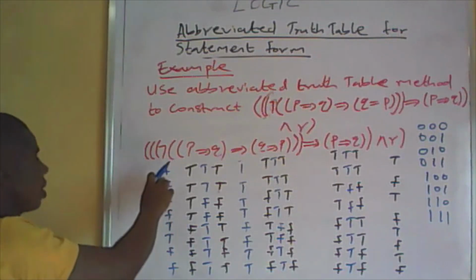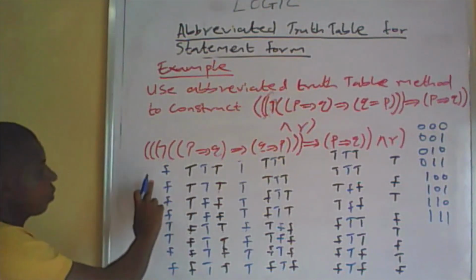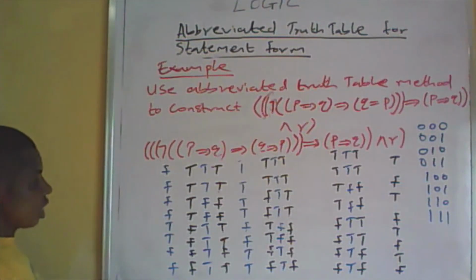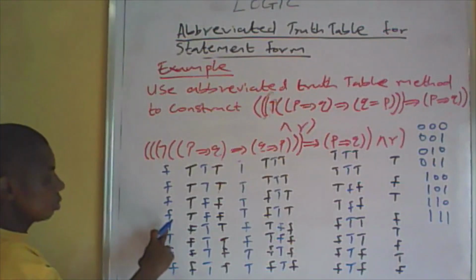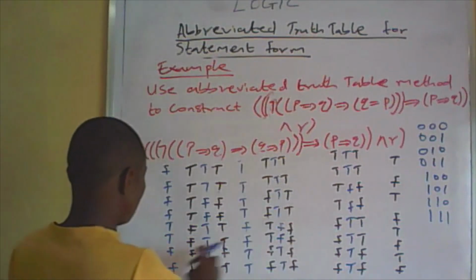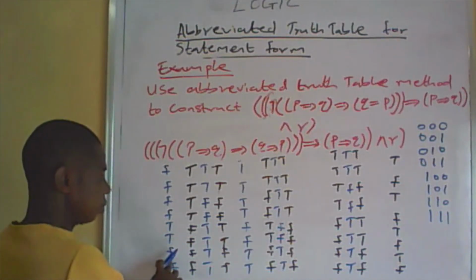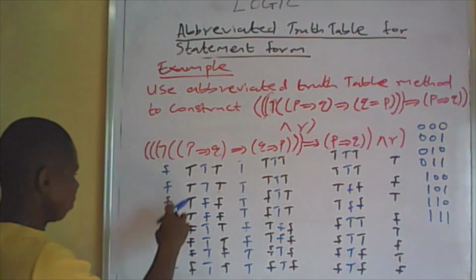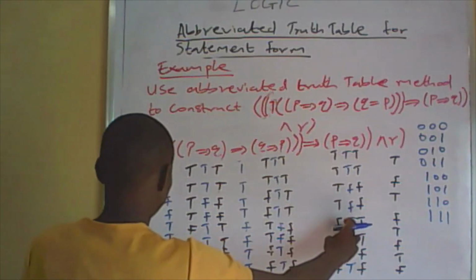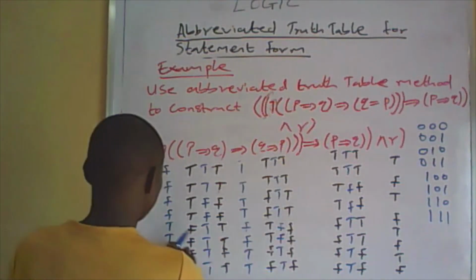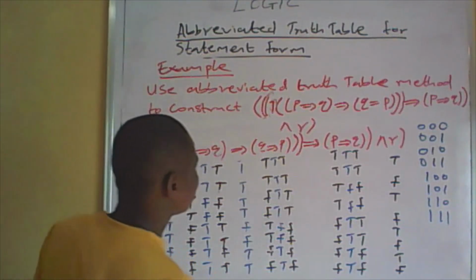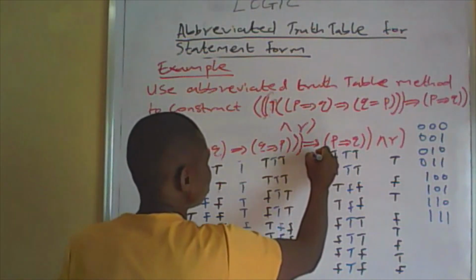Like here, we have F, F, F, F. Then after F, F, we have T. Sorry, we have F, then under 3, yes, we have T, T, T, T, F, T, F, T. So it is true.